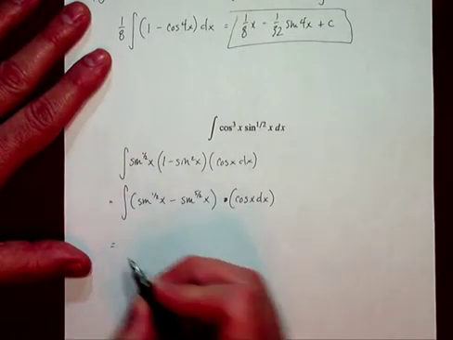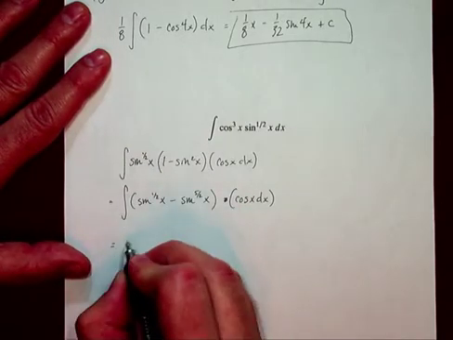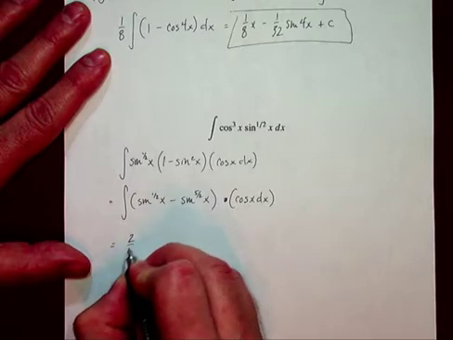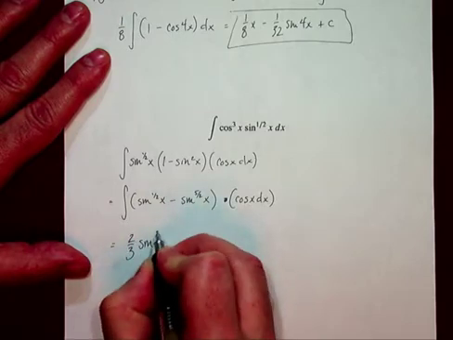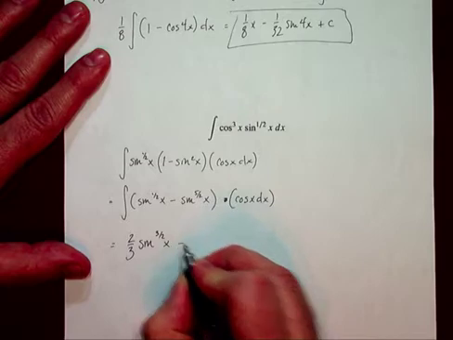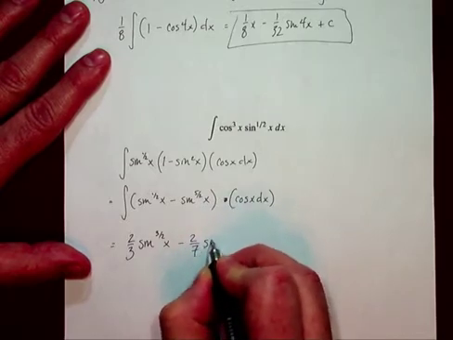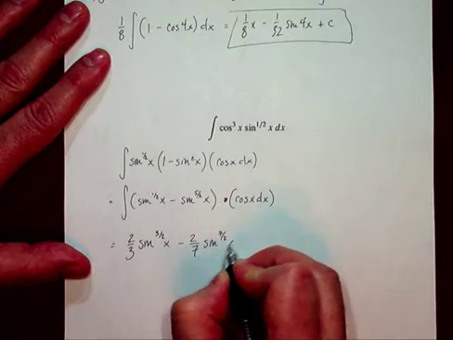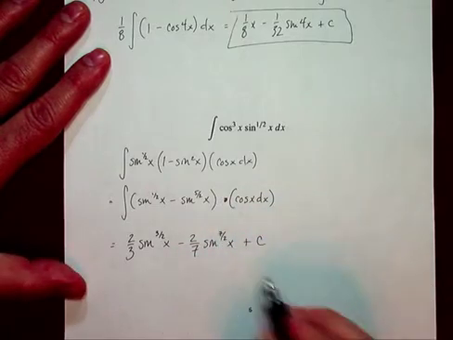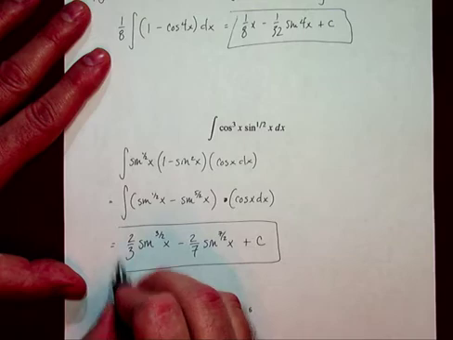Okay. Well, if that's the case, then I know I'm going to get 2/3 u to the 3/2 minus 2/7 u to the 7/2 plus c.